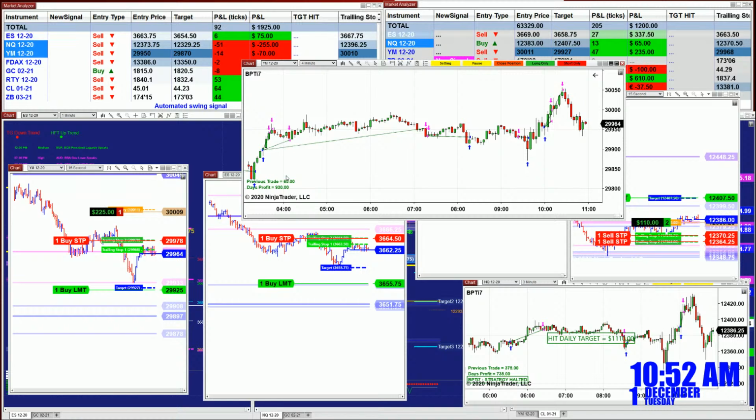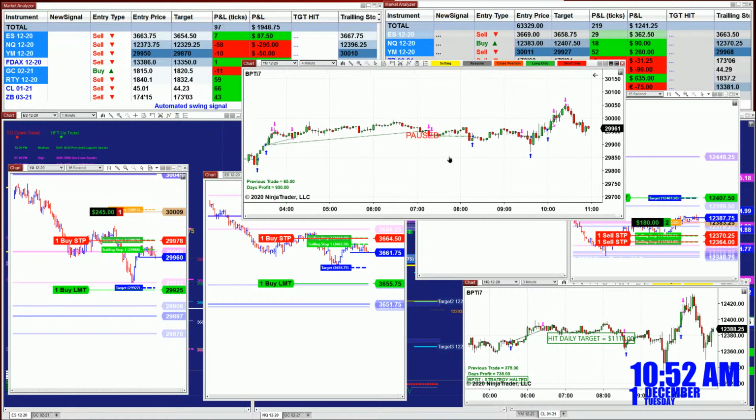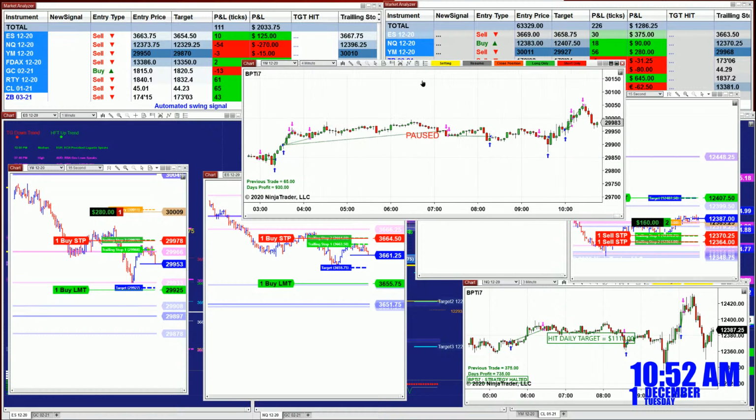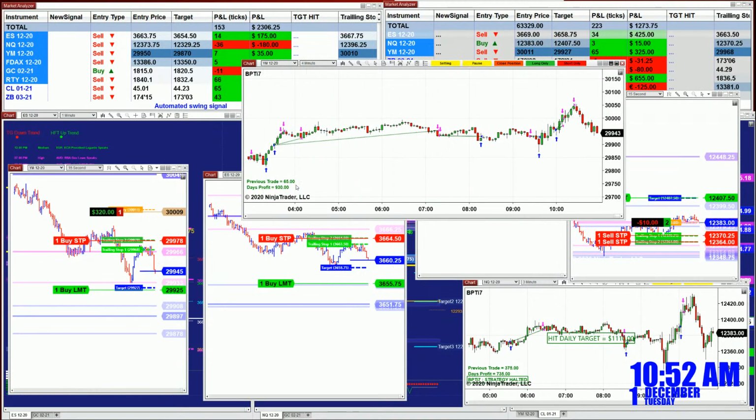Do we really want it to wait till the auto trade tells us a target hit, or should we just pause it and tell it not to take any more trades, or turn the auto trade off? Because is it worth it? You're going to see a lot like this. Is it worth it to stay in the trade for $70 to hit your daily target?